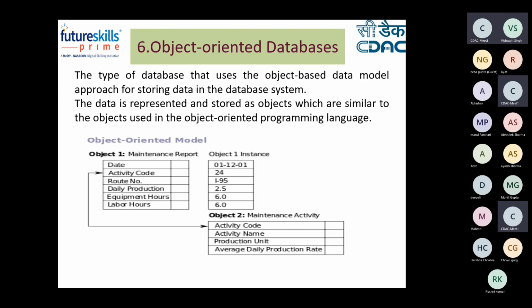Next one is the object-oriented database. These came into the industry because in earlier times we were using a limited number of applications, and we did not have tools like AI, robotics, auto checks.